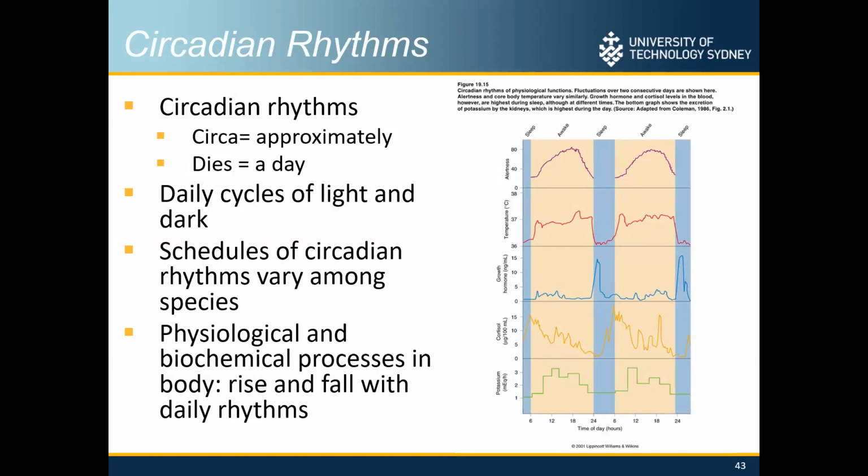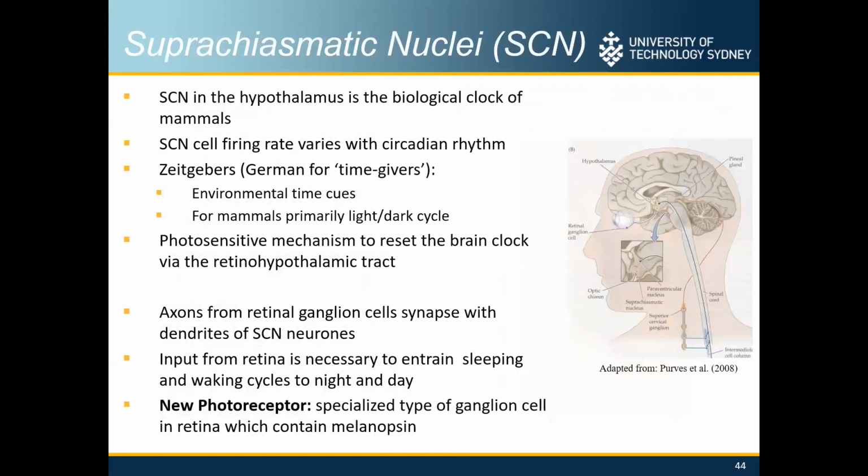And the sleep patterns are usually governed by an area of the brain called the suprachiasmatic nucleus, okay? The suprachiasmatic nucleus is located within the hypothalamus and is considered our biological clock and is mainly controlled by different factors.